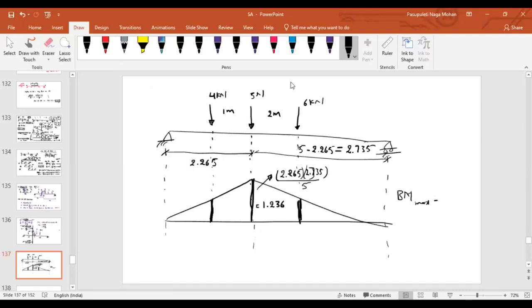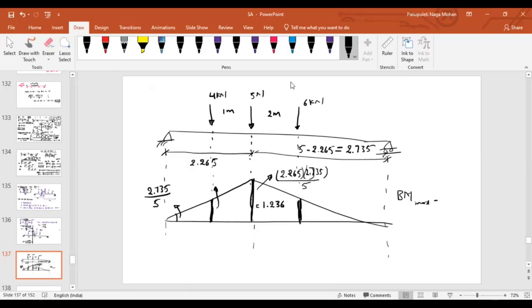Is it right? This ordinate is 0.23253. Is it right? Guys, what about this slope? What is the opposite distance? 2.735 divided by length L. Then what about this ordinate?